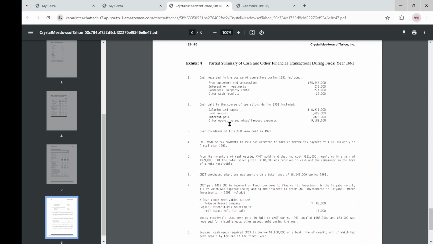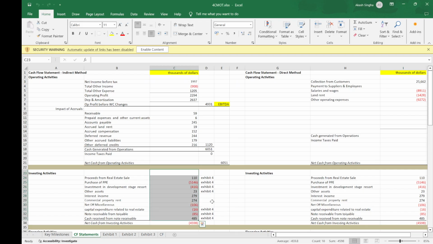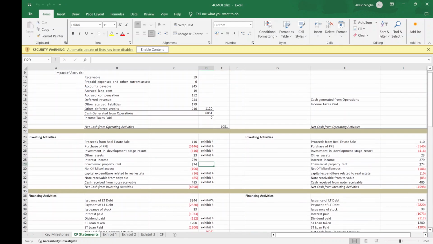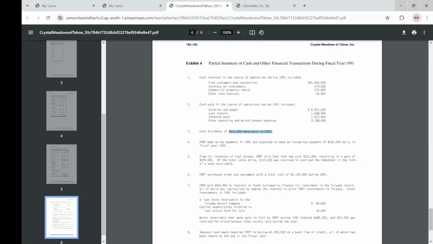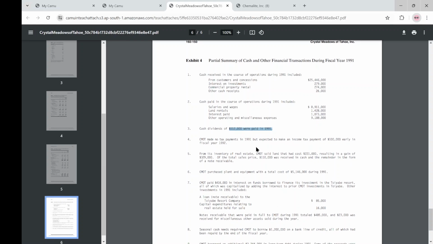So first, if we go one by one, cash dividend paid is 112. Cash dividend is a financing activity, so 112. After that, this was related to income tax that they didn't pay.